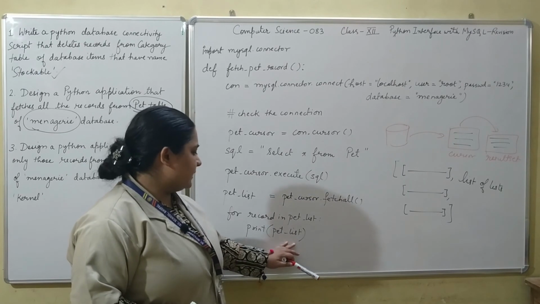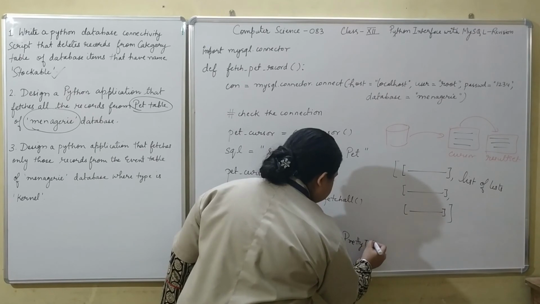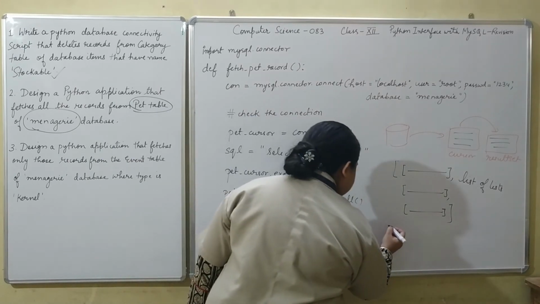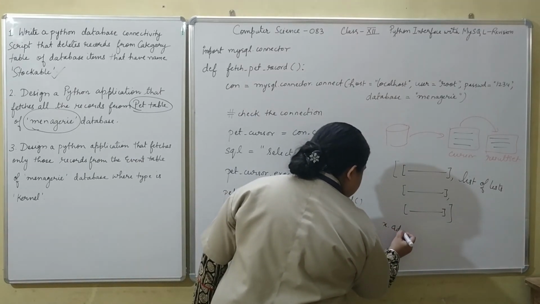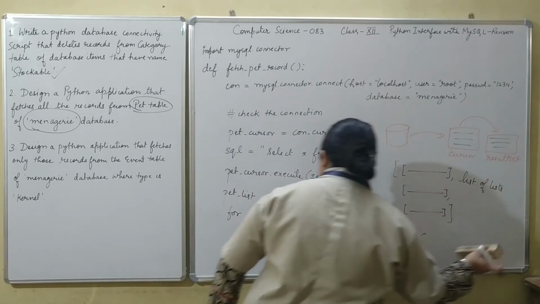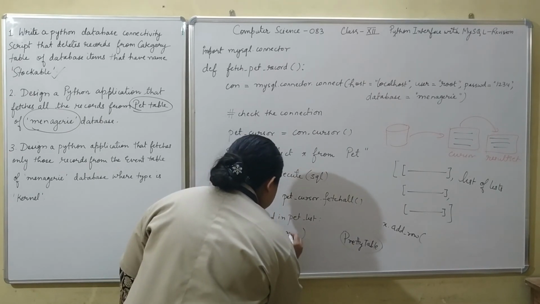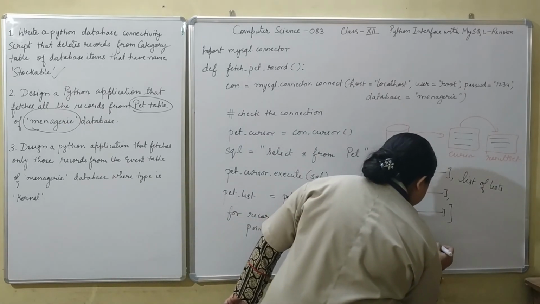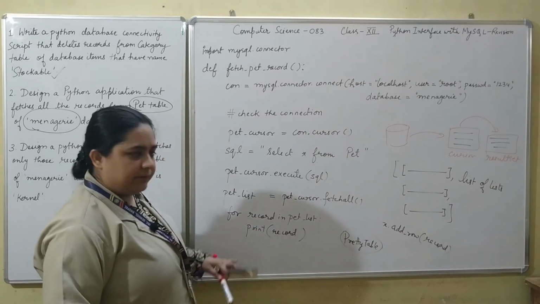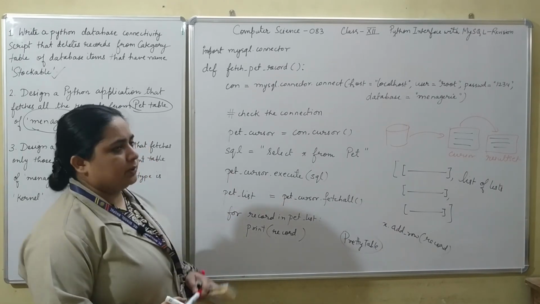If you want, you can add this to pretty table also, by using the add row function of pretty table, that is, you create a pretty table X dot add row, and you can add this, not pet list, sorry, it would be record. So we can easily add record to the pretty table, and at the end, once this loop finishes its execution, we can print the pretty table. Okay, so this is how we can do this question.